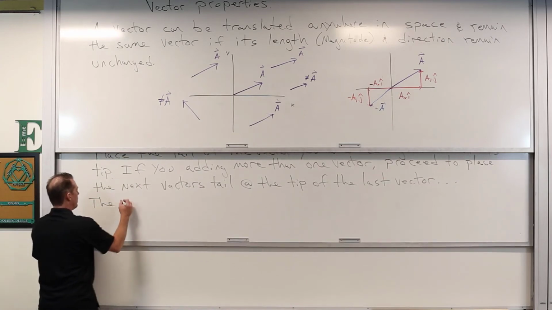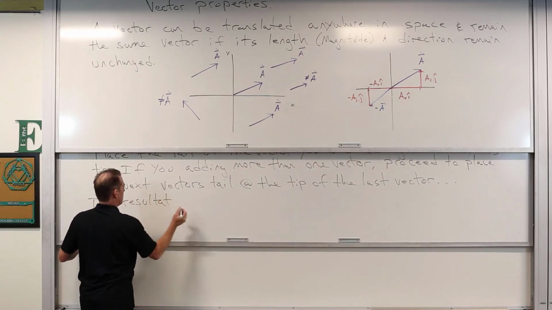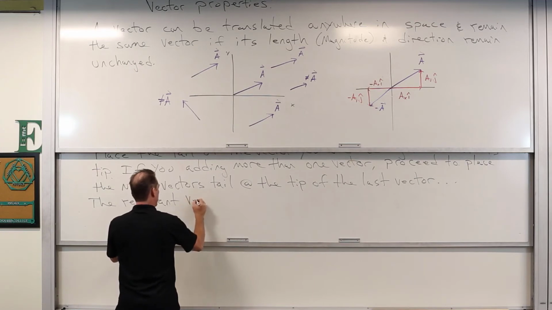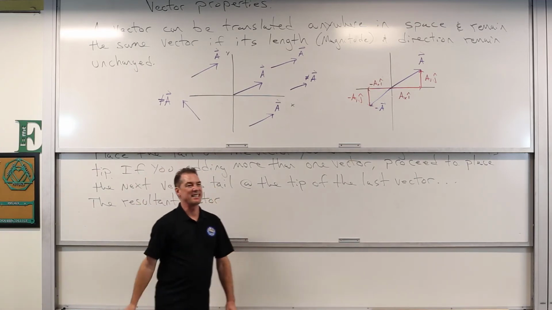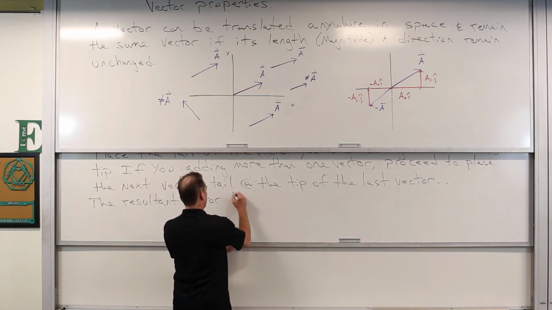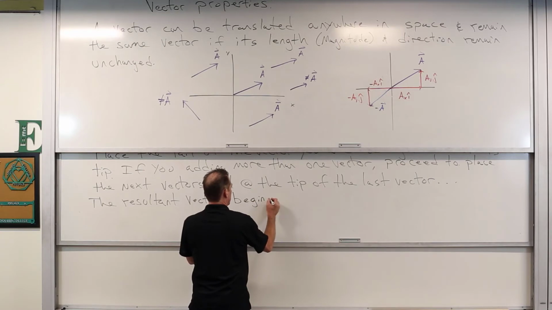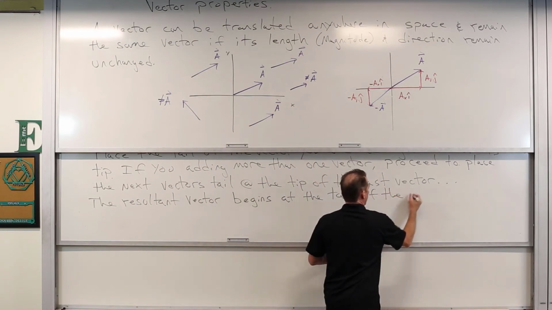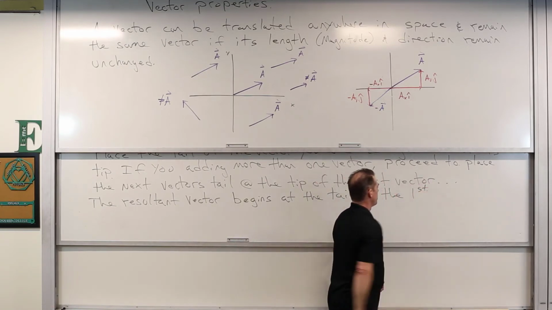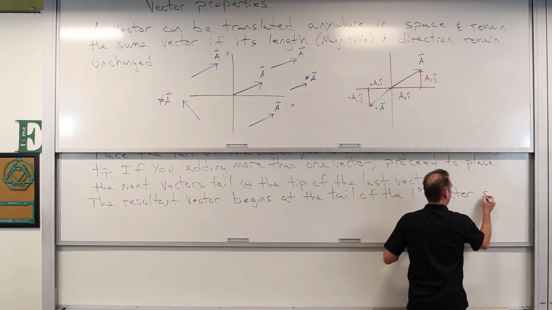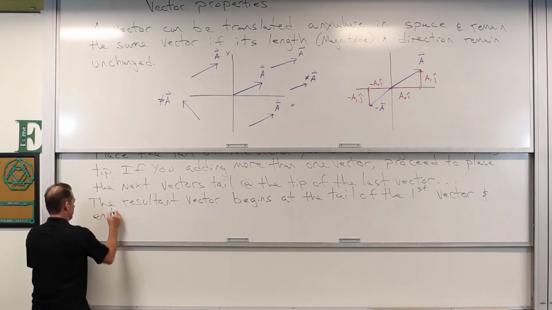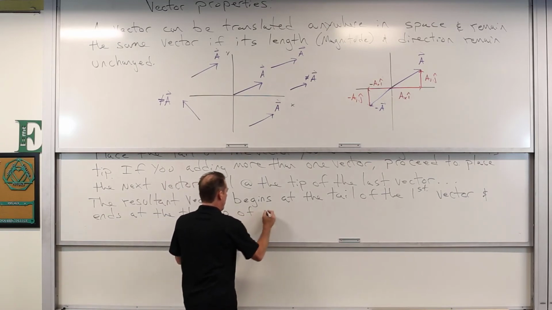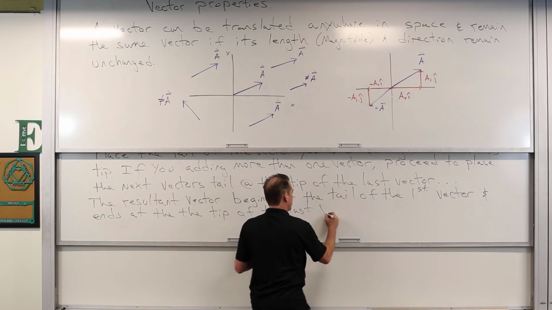The resultant vector begins at the tail of the first vector and ends at the tip of the last vector.